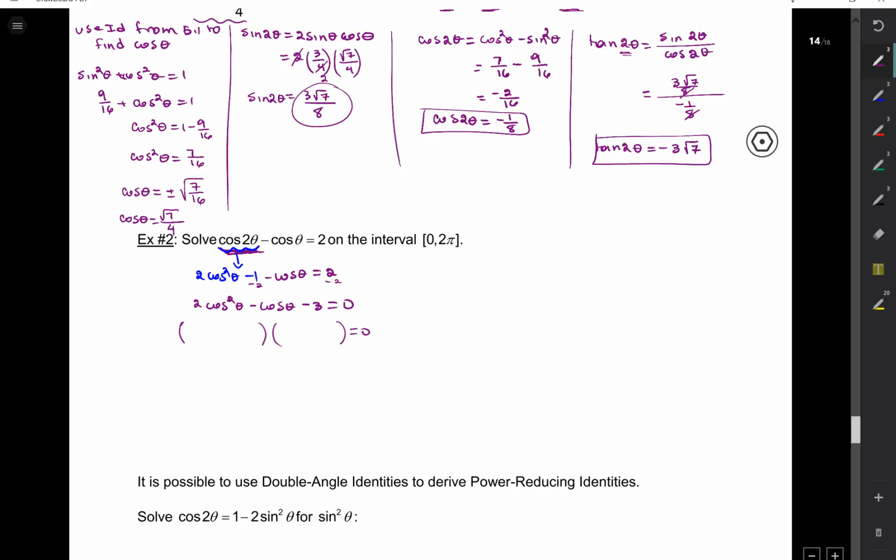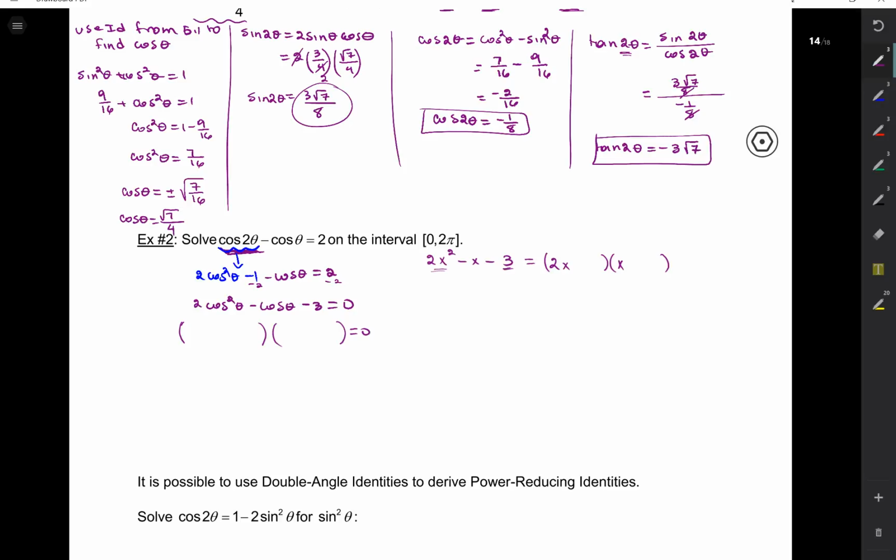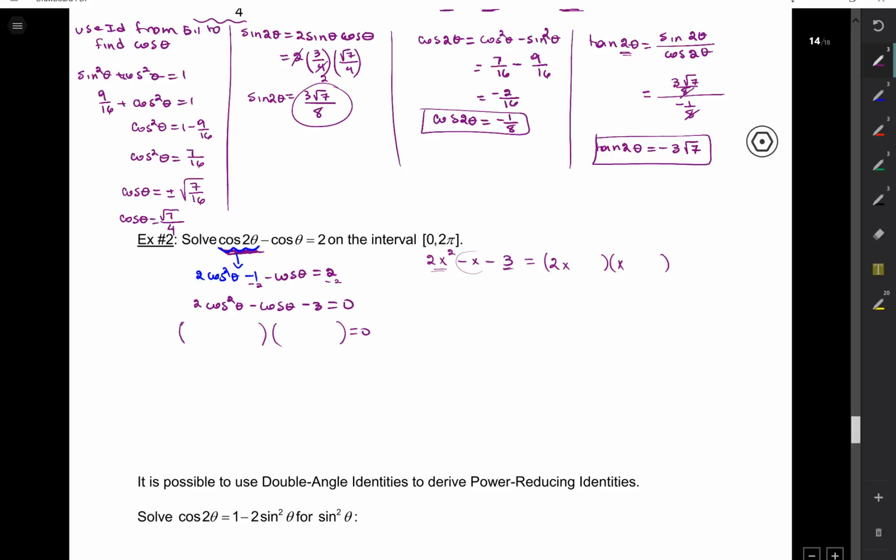All right? This is like factoring 2x squared minus x minus 3. Okay? So how did we factor that? It's 2x and x gives you 2x squared, right? Now I need 2 numbers that give me a negative 3. So the choices there are a 3 and a negative 1, or a negative 3 and a 1. Okay? The deal is when I FOIL, I have to get a negative x for the middle term.